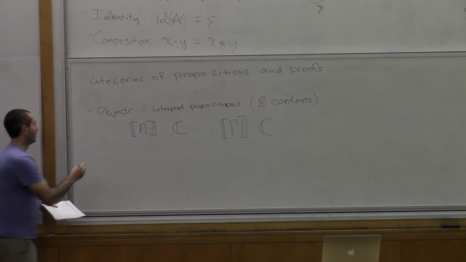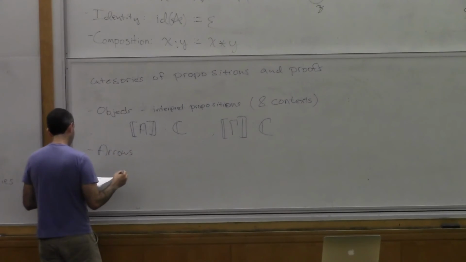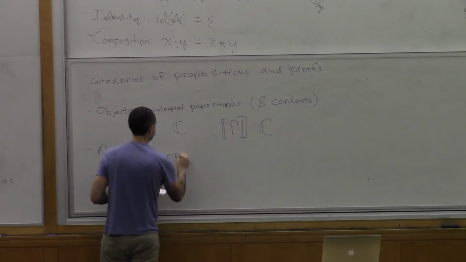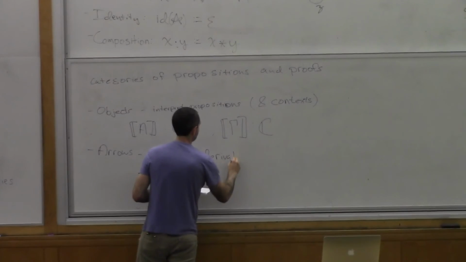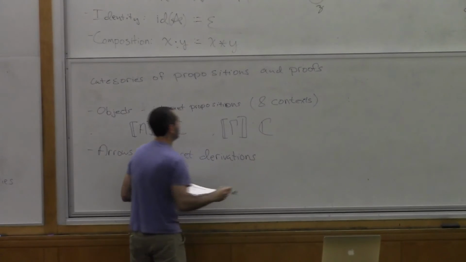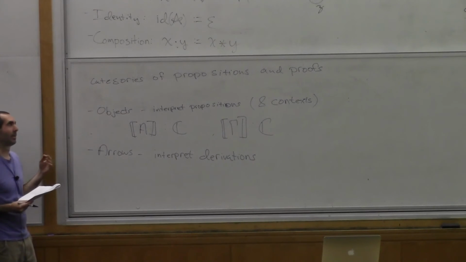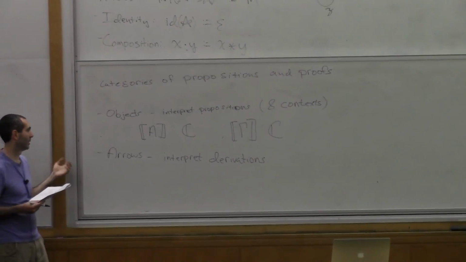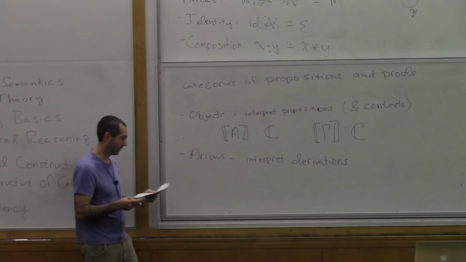Okay, so how about the arrows? Well, we want them to interpret derivations. And by derivation, I mean like the proofs that Frank was doing this morning, but I don't assume that the context of assumptions is empty. So it might be a proof with some undischarged assumptions. I'm using the word derivation for that. I'm just not sure if that's Frank's convention.